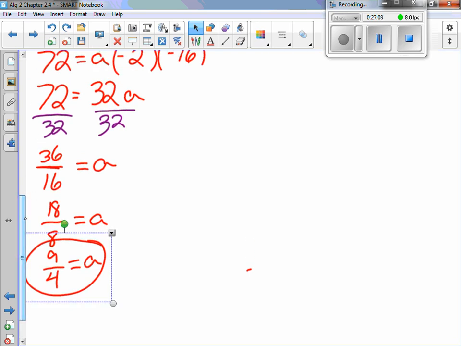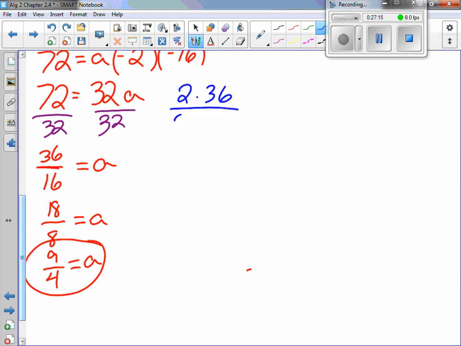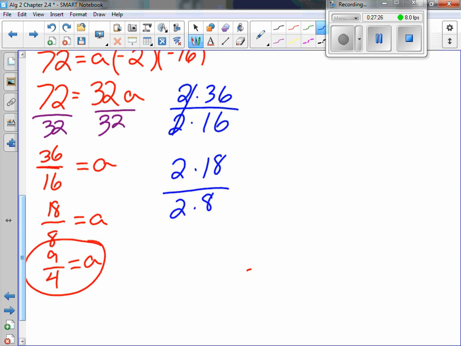So I looked at this here. Well, 72 is 2 times 36, and 32 is 2 times 16. So those cancel. 36, I could say, is 2 times 18. 16 is 2 times 8. Those cancel. 18 is 2 times 9, and 8 is 2 times 4, because I see there's a common factor of 2.